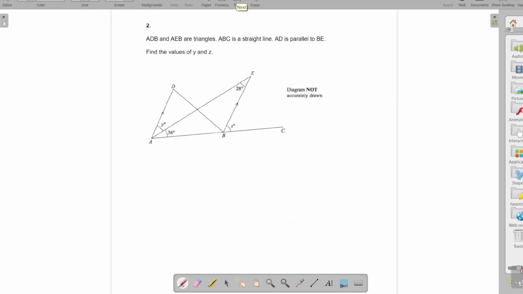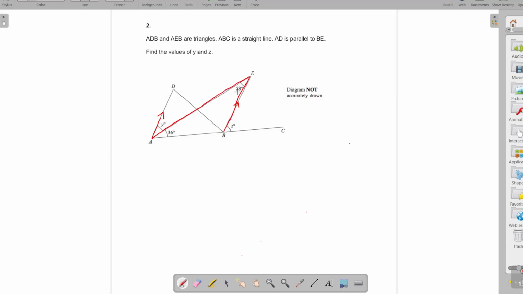Let's go to question 2. ADB, AEB are triangles. ABC is a straight line. AD is parallel to BE. So that's parallel to that. So we can find the values of y and z. We can find the y straight away because this is the alternate angle.